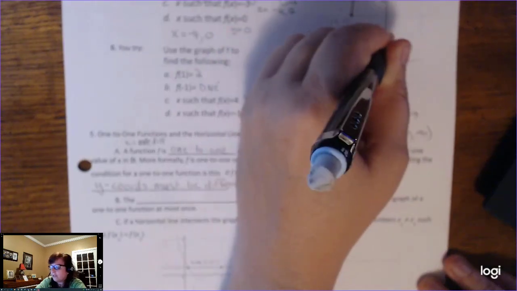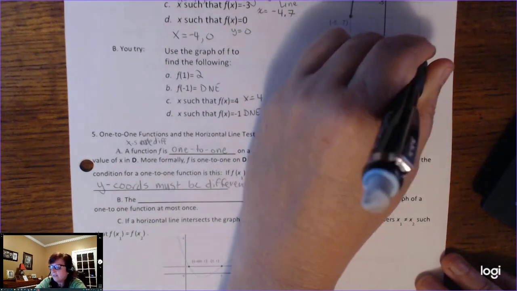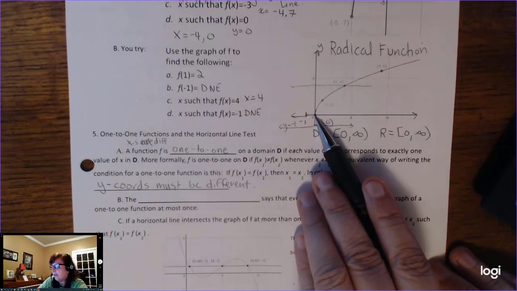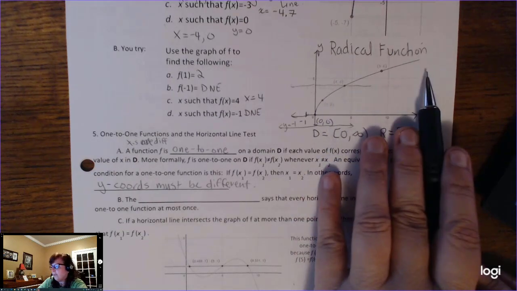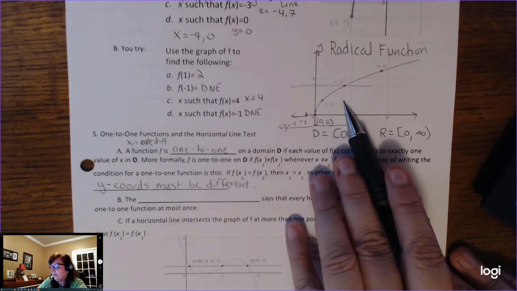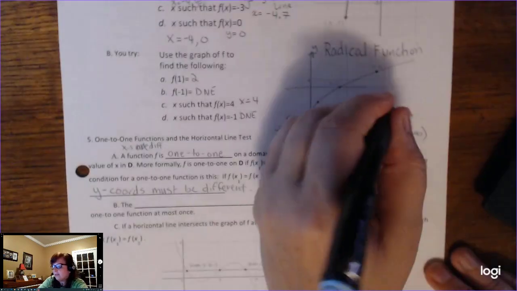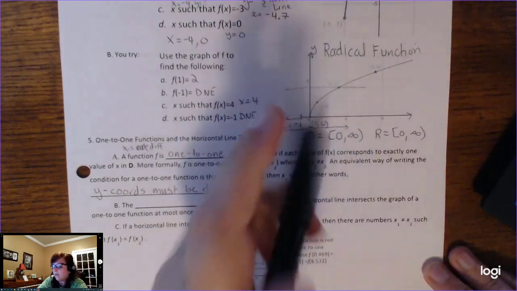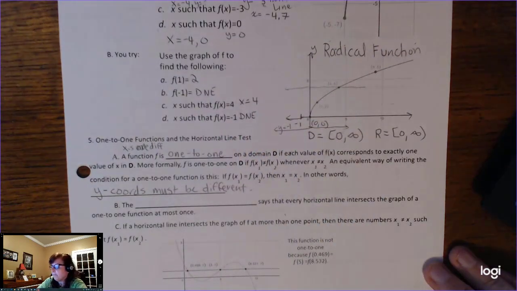Radical functions look like this. They start at one spot and then they just go to the right or the left. And it's one-to-one. There are no repeating values. Like if it looked like this, it wouldn't be a function, right? But it doesn't. It's only kind of half a branch. So this is a one-to-one function.